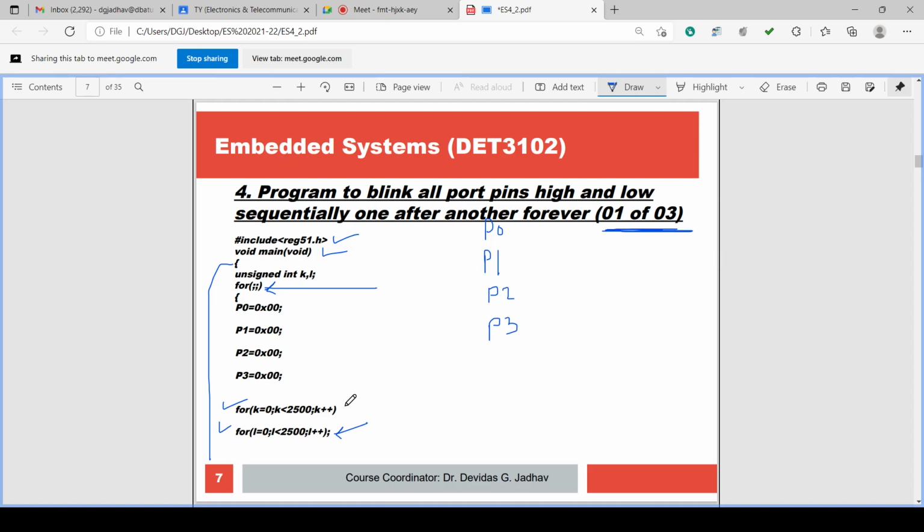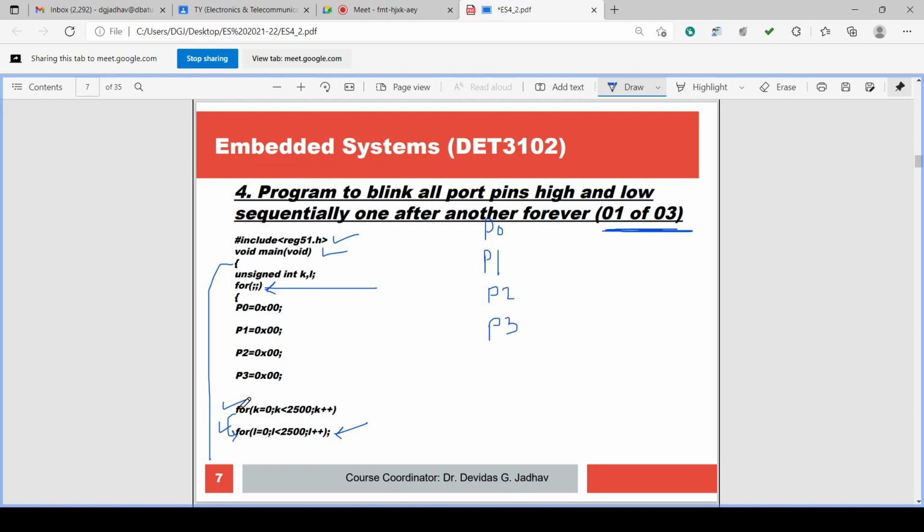The next instruction is not a part of this for loop if a semicolon is given. If a semicolon is not given, then the next instruction is a part of this for loop. So for the first for loop, no semicolon is there. So for this for loop, the next instruction is the for loop of L.